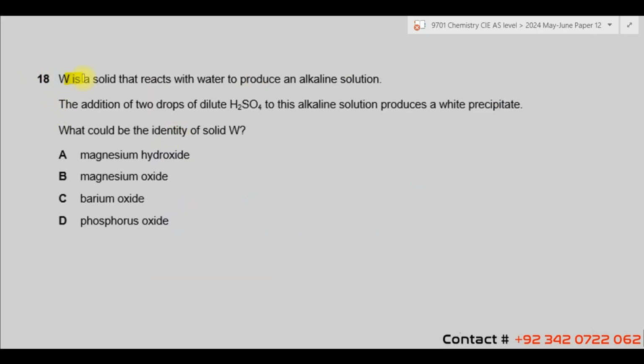Question 18. W is a solid that reacts with water to produce an alkaline solution. The addition of 2 drops of dilute H2SO4 to this alkaline solution produces a white precipitate. What could be the identity of solid W? Alright, so let's see. We have magnesium hydroxide.